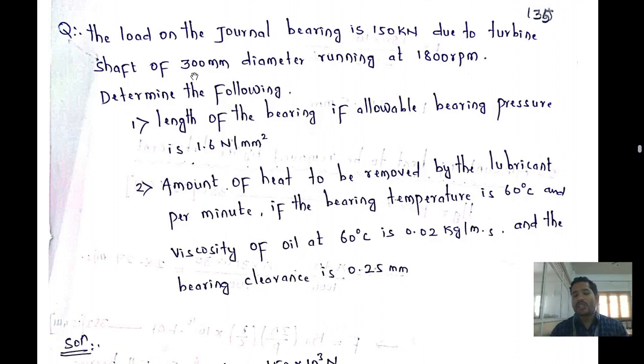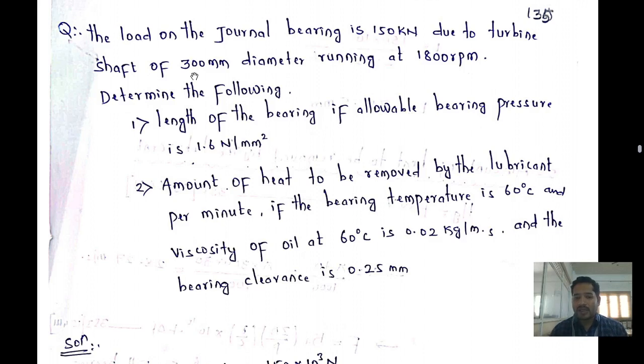So in this problem, we need to determine the length of the bearing if the allowable bearing pressure is 1.6 Newton per mm square.